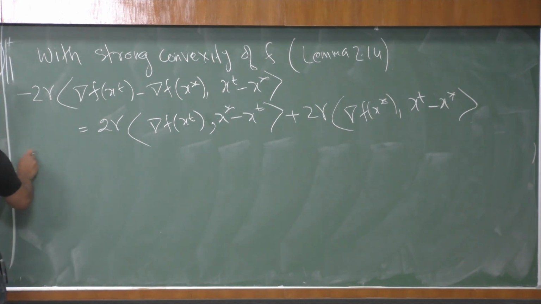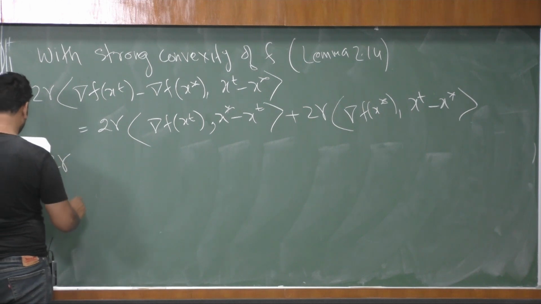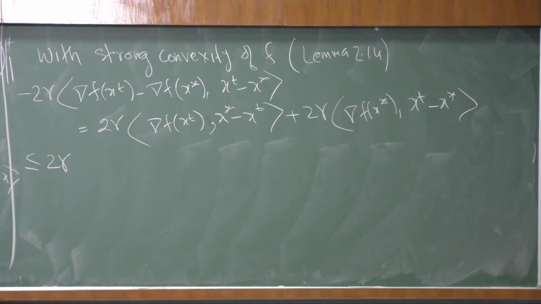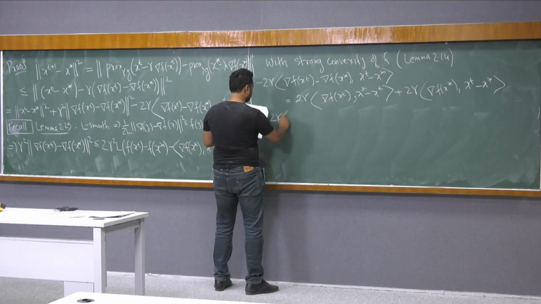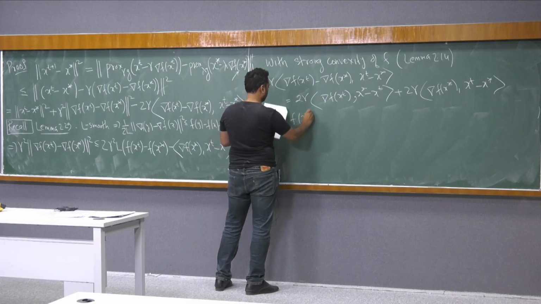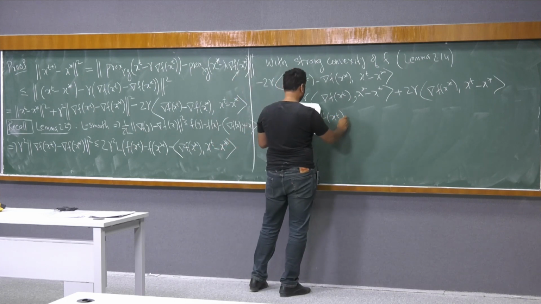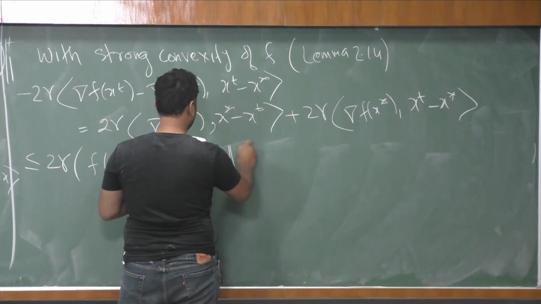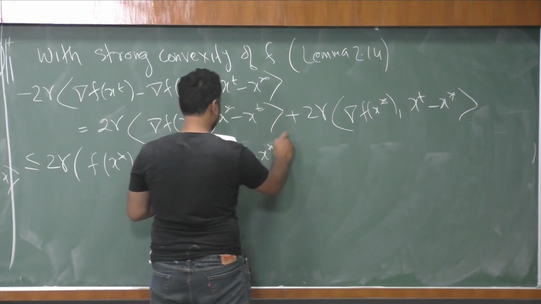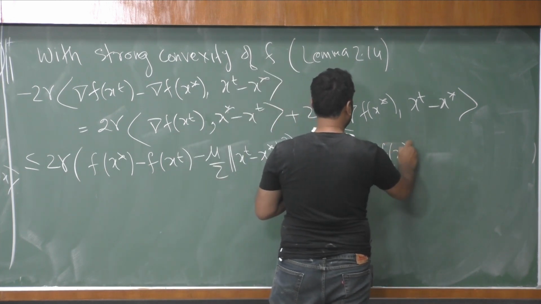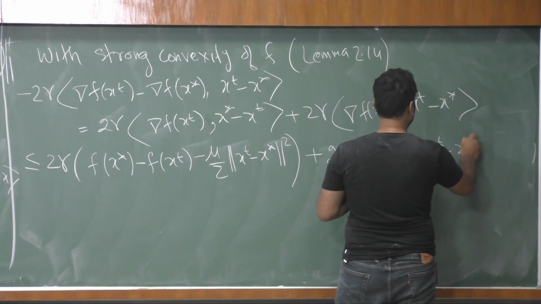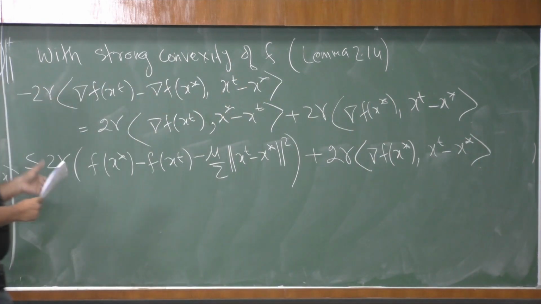So this is 2 gamma, and strong convexity will imply that this will be bounded now. So this is f(x*) - f(x_t) - mu/2 ||x_t - x*||^2, and we leave the second term as it is, <grad f(x*), x_t - x*>. We just applied strong convexity on the first term.